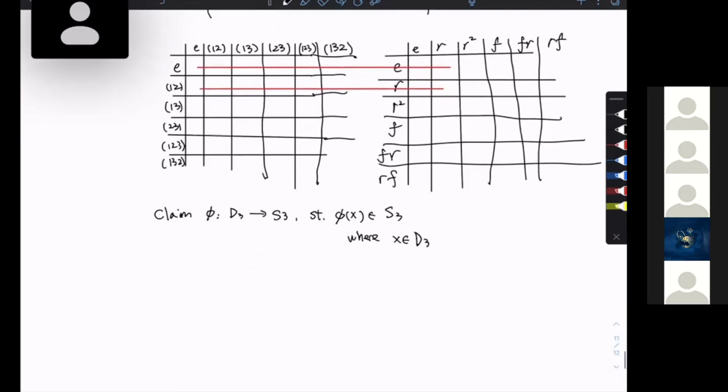The next step is to prove the one-to-one relationship. So assume psi A equals psi B, where psi A and psi B are both in S3, which is the right side of the table.